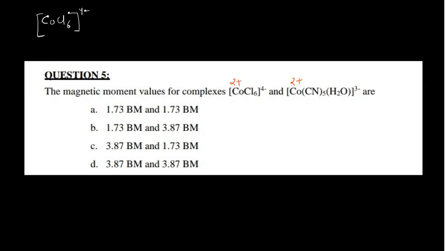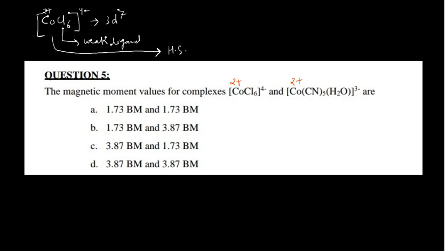Obviously cobalt is in +2 oxidation state, and when cobalt is in +2 oxidation state, it's simply a 3d7 system. And this Cl is a weak field ligand. When it's a weak ligand, definitely the complex would be a high spin complex.